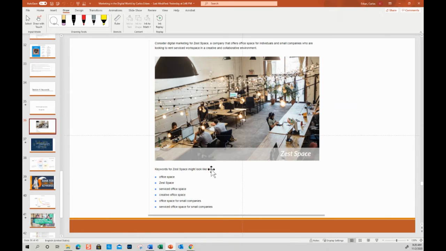And here are some keywords that they chose for SessSpace: office space, SessSpace, service office space, creative office space. So these are places where you get shared, you pay monthly or even daily, and you get your own office, and it could be a desk or you can have an actual office for yourself. Okay, we'll go back to that example in a second.